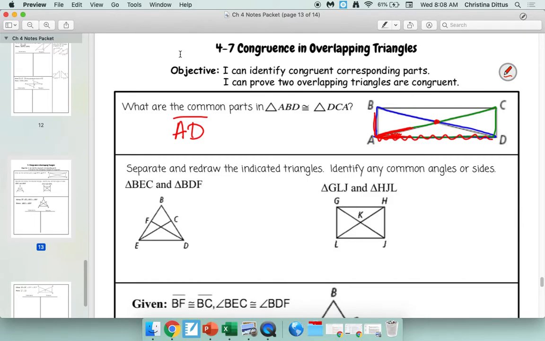So we don't say that they share that one because they're not sharing the whole thing. In order to be in common, they have to share the whole thing. They share this whole line down here, but here they cross, and they're not sharing any of this line or this line. They're not sharing that. So you have to share the whole thing in order for it to be common.